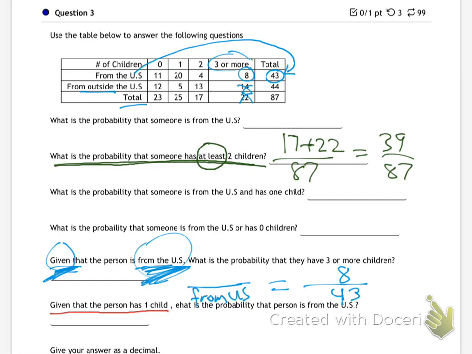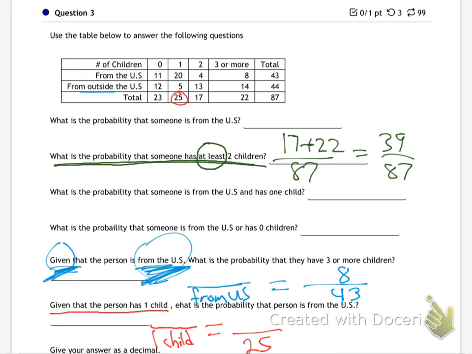Given that they have 1 child. So would it be 16? Yeah, so what's the denominator? What's the 1 child? 25 is the 1 child denominator, right?